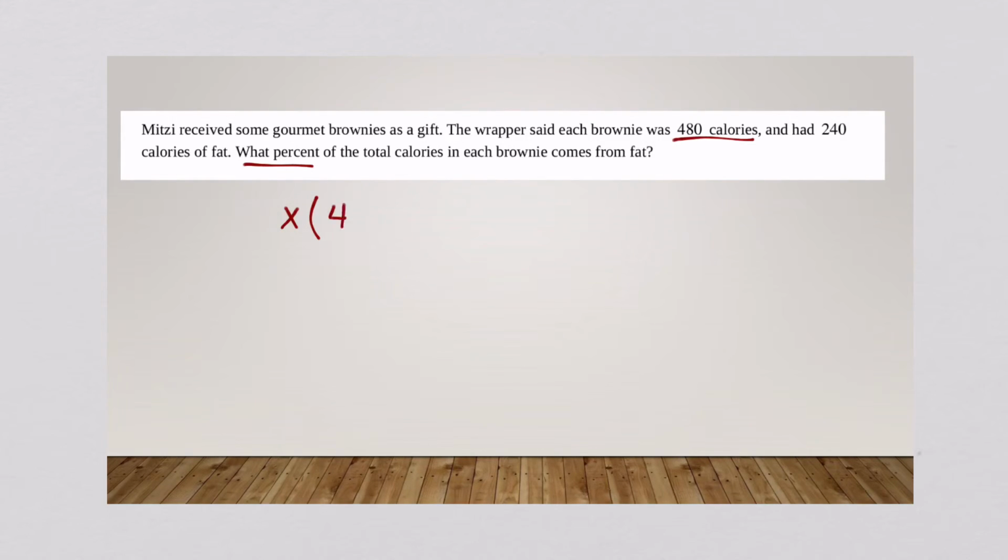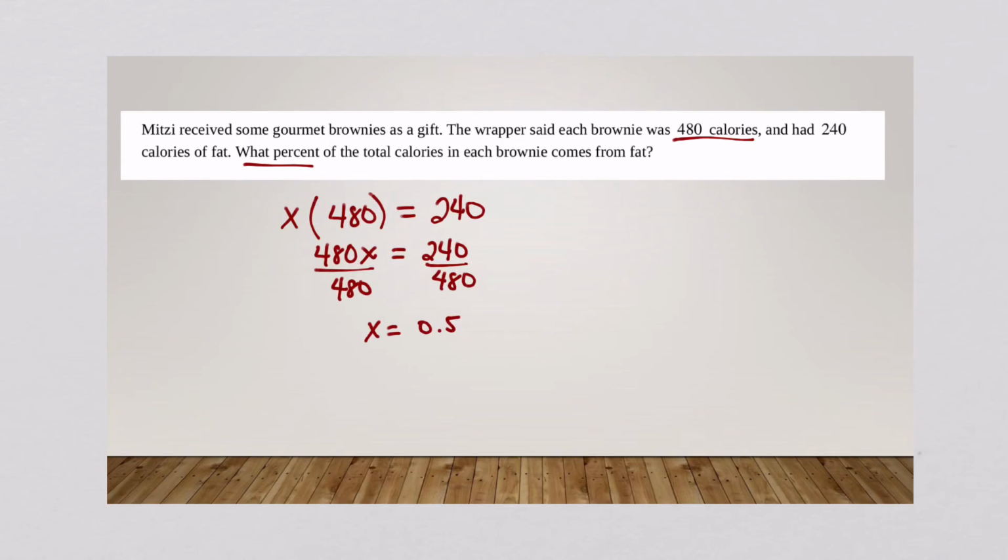480 is my total, and 240 is my fat. So this is the same thing as 480x is equal to 240. I'm going to divide both sides by 480. So on my calculator, I'm typing in 240 divided by 480, and I get x is equal to 0.5, but that's not my percent.